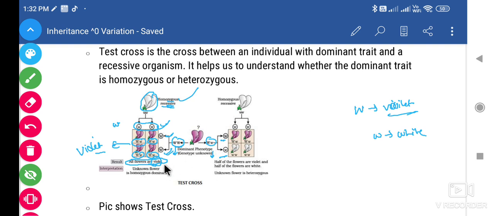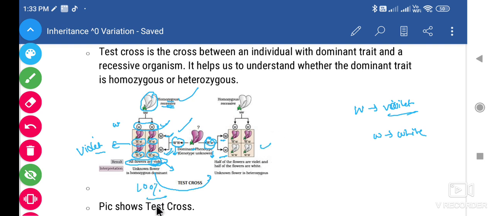So if you get all dominant traits in the F1 generation, you can say that the genotype of this flower is capital W capital W, which means homozygous dominant condition. But in the case of capital W small w, you will not get this kind of result; you will get another kind of result.